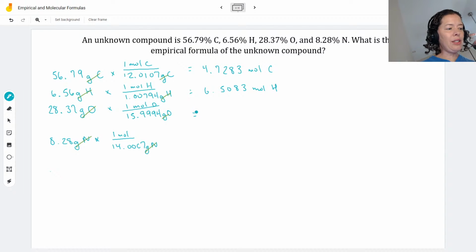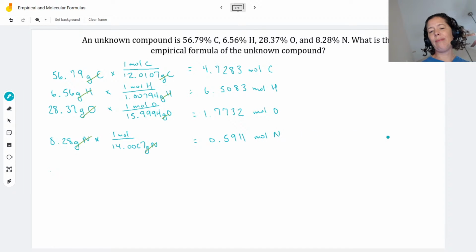And our oxygen here gives us 1.7732 moles of oxygen. And our nitrogen is 0.5911 moles of nitrogen. Okay, so we have taken our grams and we have simply converted it to moles.